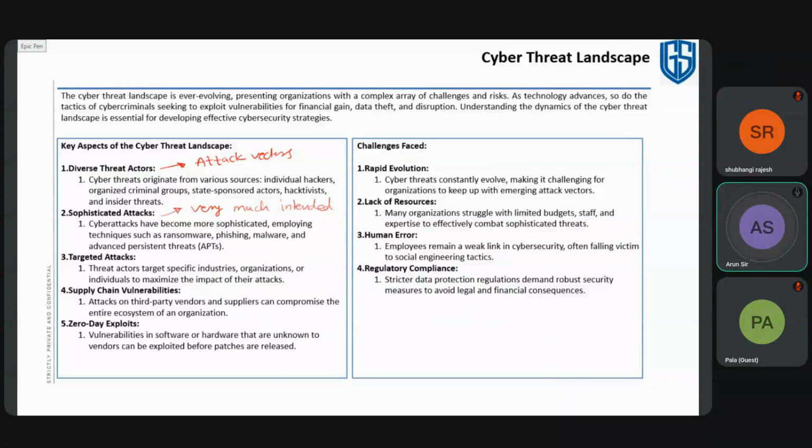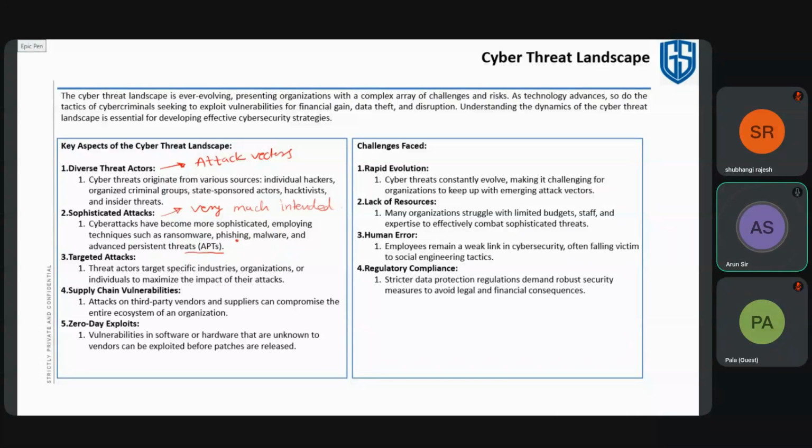A sophisticated attack is performed by employing techniques such as ransomware and phishing. Phishing is still evolving. Even though AIs are now handling phishing, there is still a lot of email phishing, SMS phishing, and calling, all of which come under phishing, gaining access to personal information.